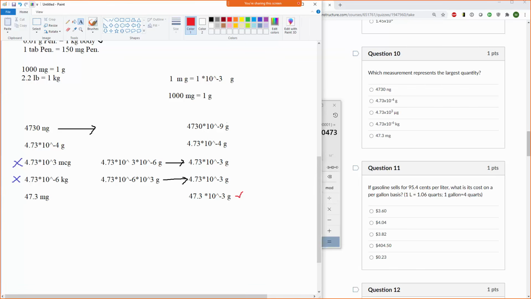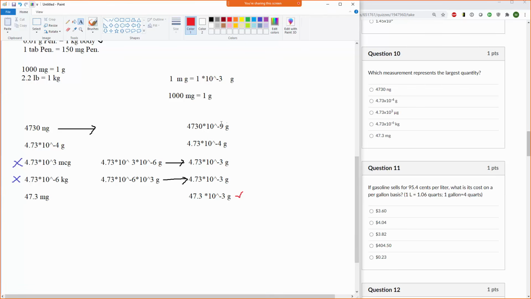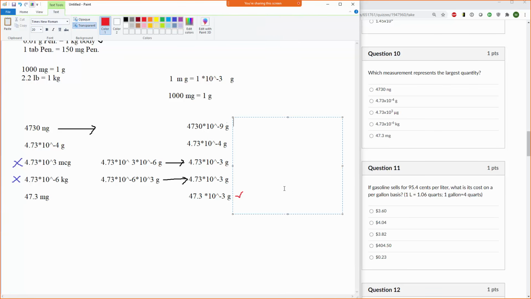If we just converted these to straight grams, we're just going to get rid of the scientific notation. I like normal notation, right? So I'm going to move this over because this is negative. I'm going to make this a smaller and smaller value. I'm going to move it over by 9 times. So this is going to be 0.1, 2, 3, 4, 5, 6, 7, 8, 9 grams. Does that make sense to you guys?